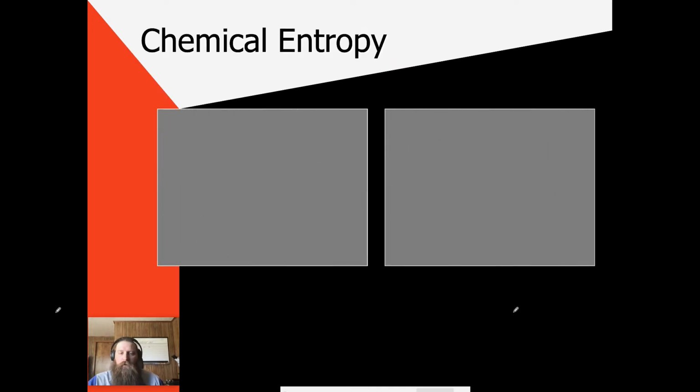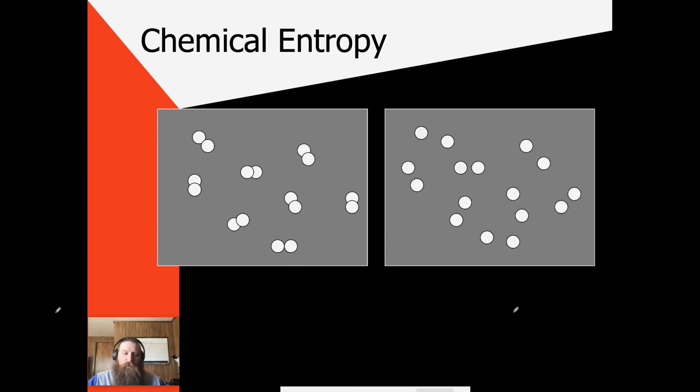Now, in chemical entropy, we can look at it like this. On the left, I have a diatomic system. All the molecules are paired. And on the right, I have monatomic atoms just floating around. If we assume these are both gases at the same temperature, and I ask you which one has lower entropy, it has to be the one on the left, because it has more organization. Everything is organized into pairs.